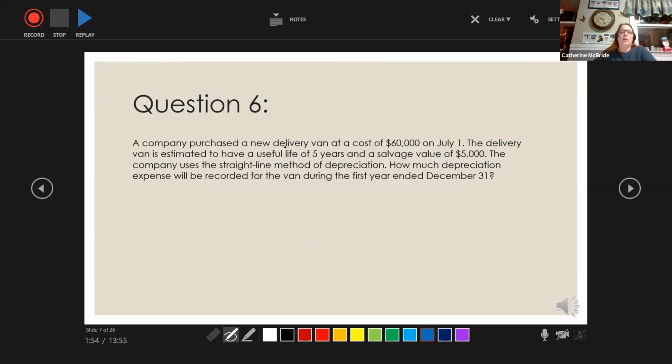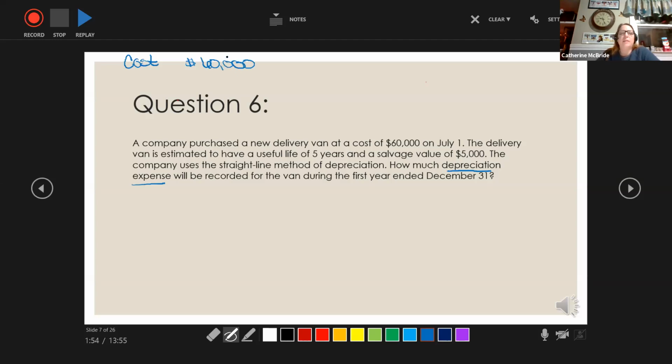Okay, depreciation. We want to know how much is depreciation expense. So a company purchased a new delivery van at a cost of $60,000.